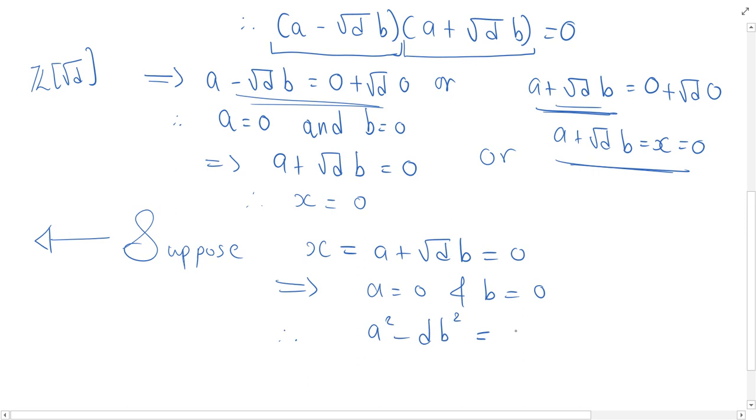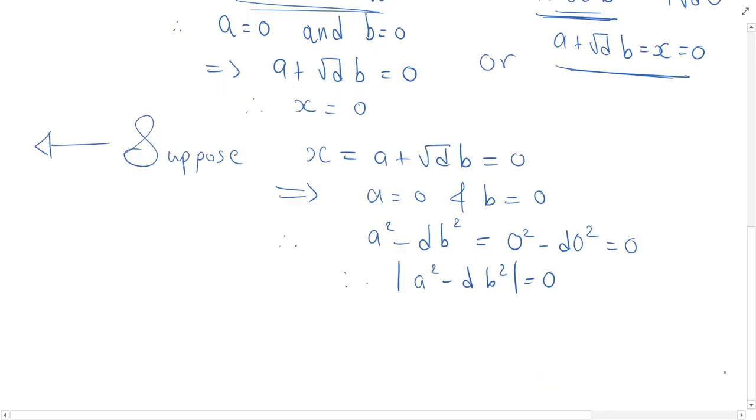Yes, it is equal to 0 square minus db square. You can directly write this is equal to 0. Therefore, my mod of a square minus db square is also equal to 0. That means my norm of a plus root db is also equal to 0. Therefore, my norm of x equals 0.